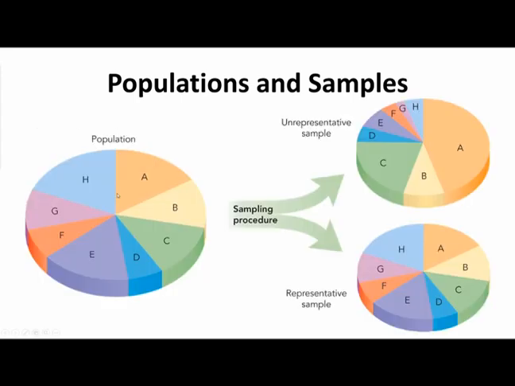So actually I have a graphic of that here. So we have these pie charts where we have a population and we have A through H. So there's lots of orange, there's only a little bit of blue, little bit of red, lots of light blue over here. So if this is the distribution of our population, maybe this is what people are studying in universities.